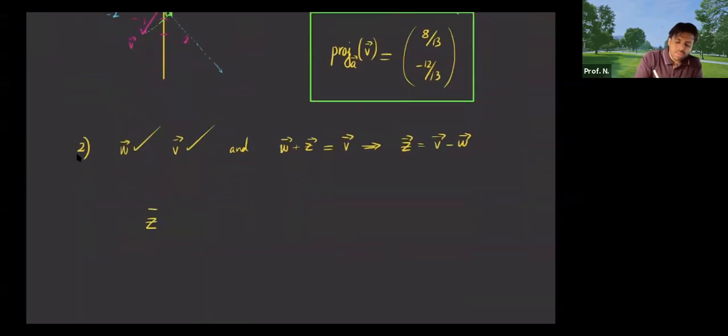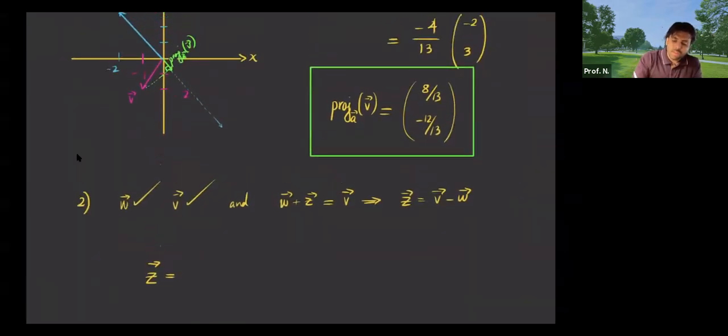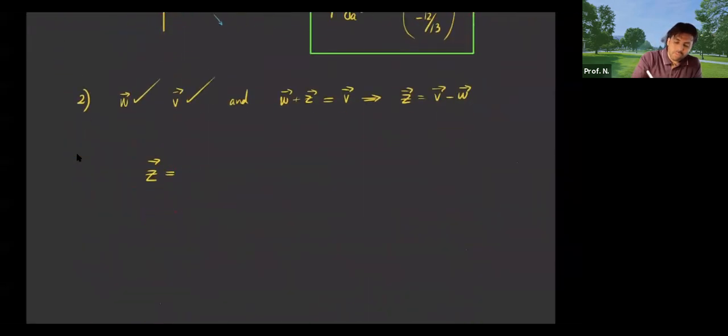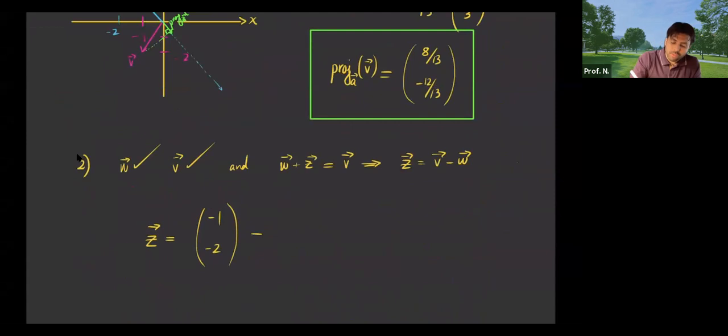So this missing vector that I'm looking for is V, which is what? V is -1, -2, minus the projection vector, 8 over 13, -12 over 13.